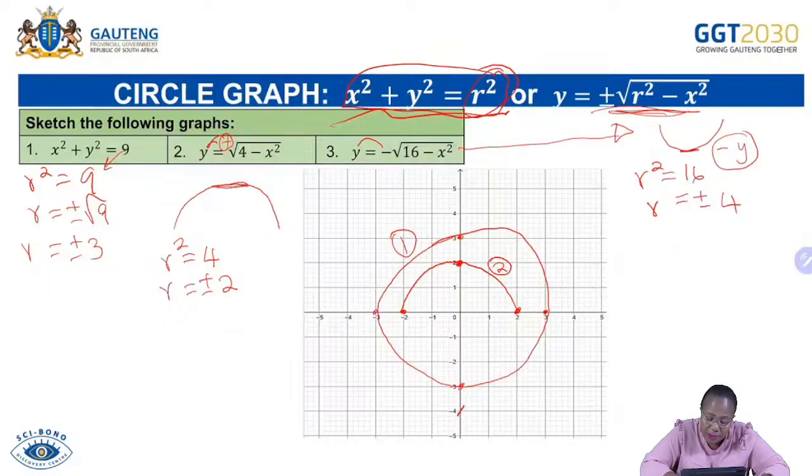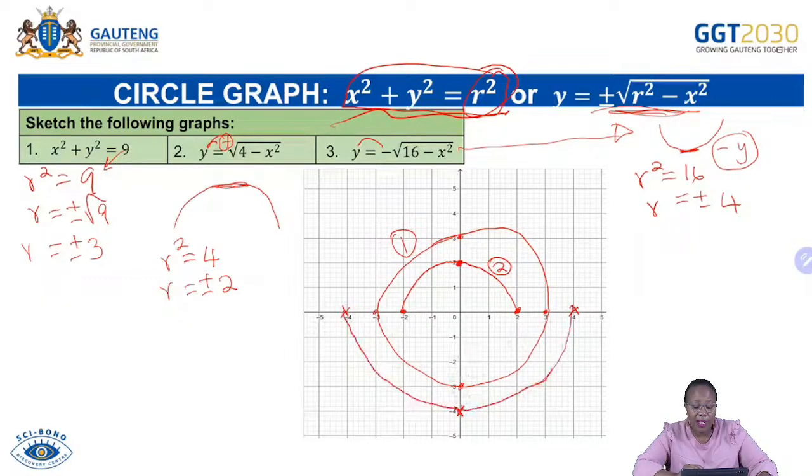This will be plus or minus 4, negative 4 and positive 4. Since this is negative y, it will cut on negative y. Then we have a semicircle coming this way, cutting at negative 4, moving to positive 4.